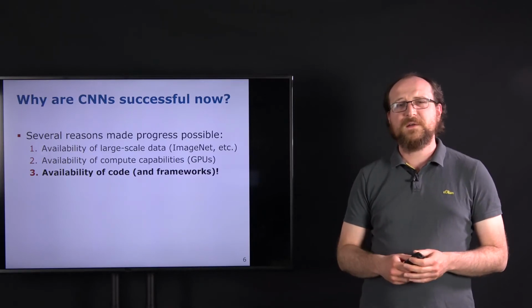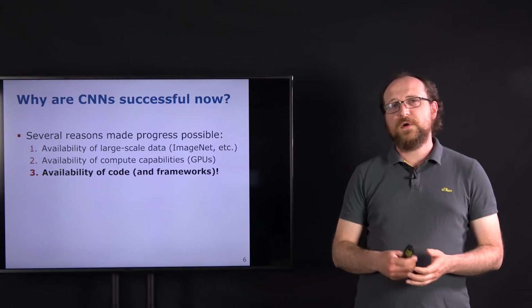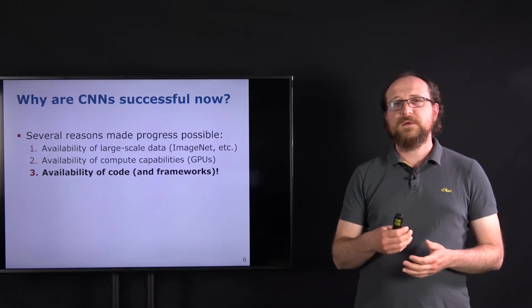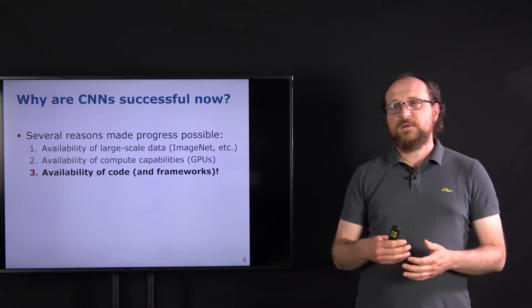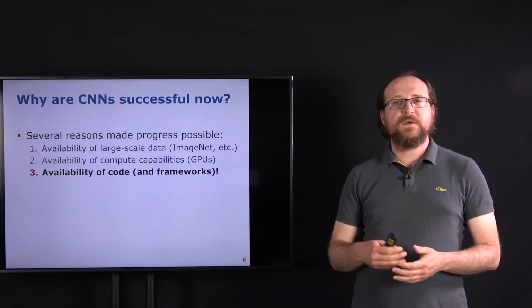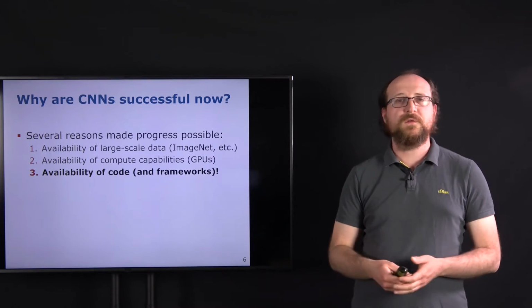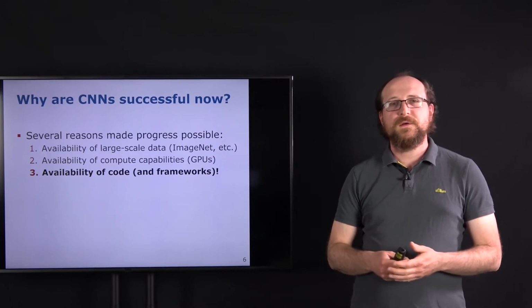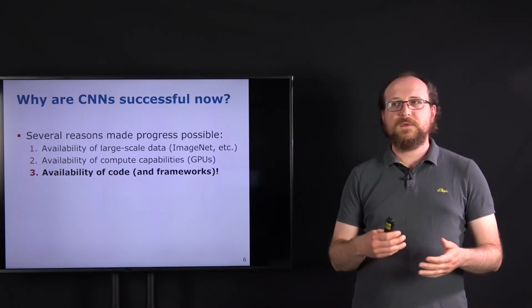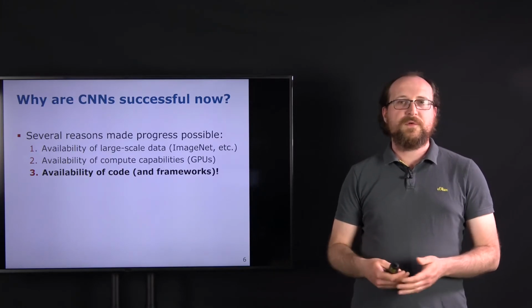And the third part that sometimes is a little bit forgotten is the availability of code, that you had code available that you can use to train these things, or to just download and execute, and this was also something that enabled a lot of progress.